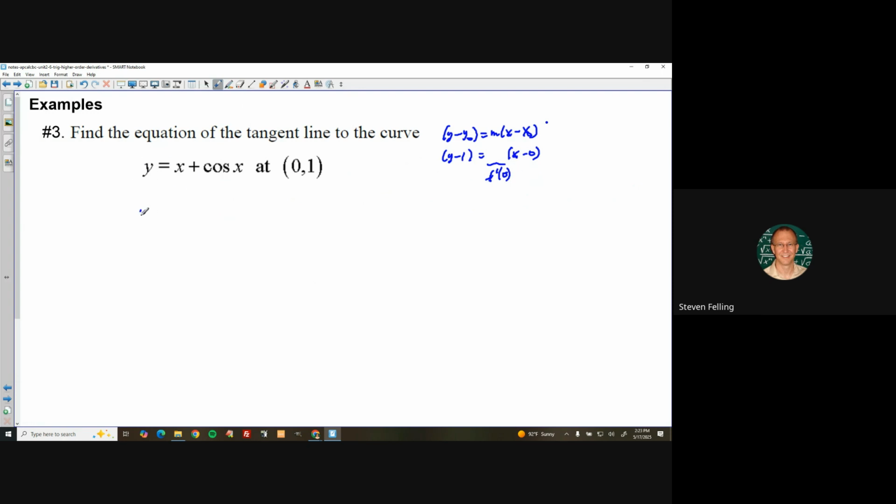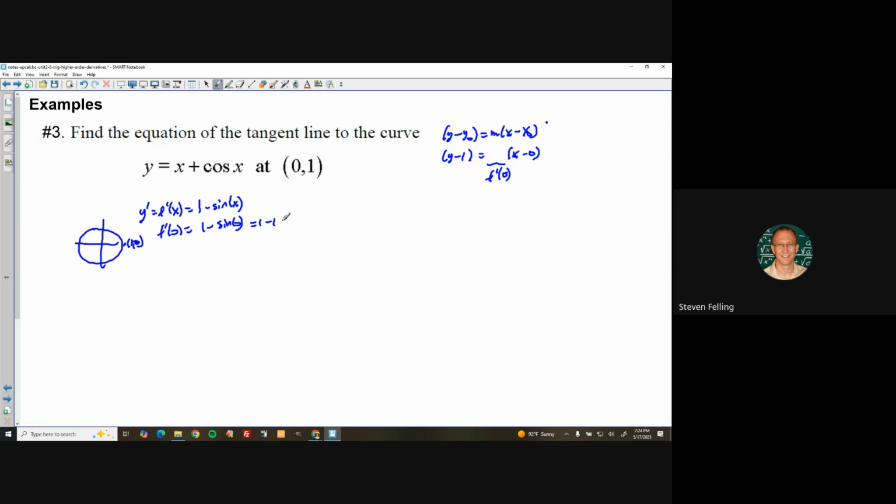So the first derivative here, y prime, or f prime of x, is 1. The derivative of cosine is negative sine. And so f prime at 0 is 1 minus sine of 0. And on a unit circle, the angle 0 is over here, where we have 1 comma 0. The sine is the y, so it is 0.